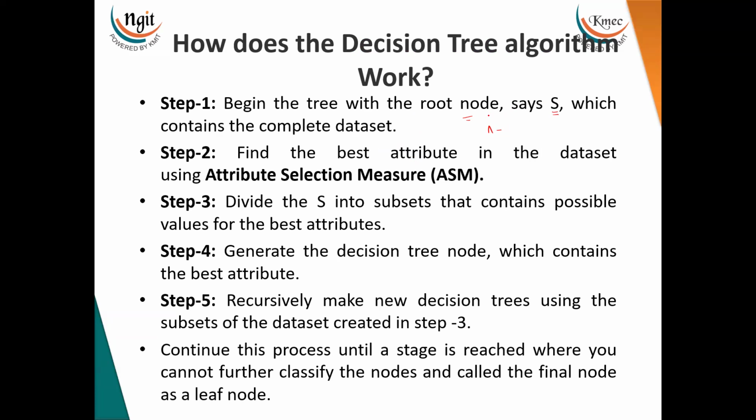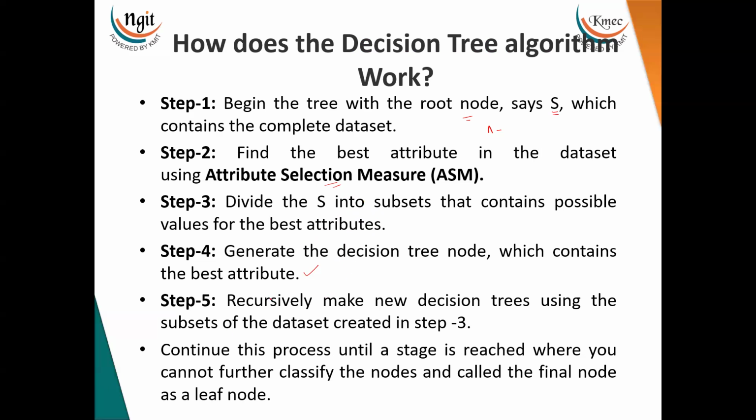For selecting the best attribute, we are going to use a method called attribute selection measure. And then we are going to divide S into subsets that contain possible values for the best attribute. Then we are going to generate the decision tree node which contains the best attribute.